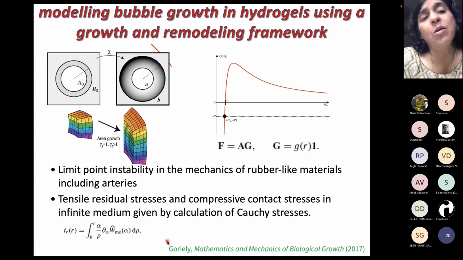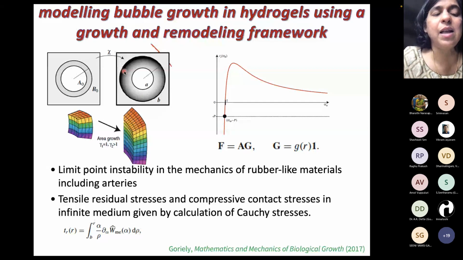A second thing that we are looking at is how we can model bubble growth, which is looked upon as almost inertial cavitation-like stresses that we can estimate in this model. Here we have the initial bubble as it grows from this one to outside, and this box shows that it's an infinitely large material, and so we are looking at how this bubble is growing inside this soft, rubbery material.